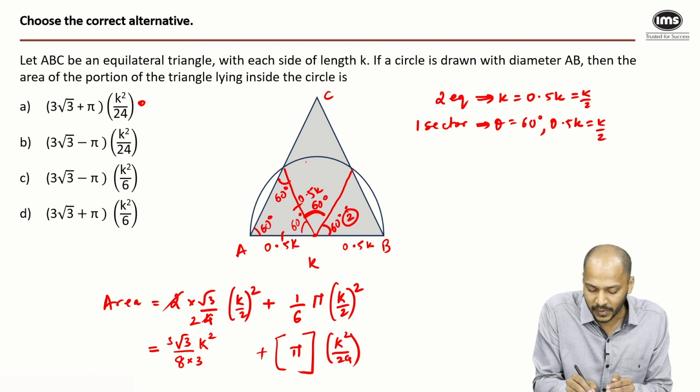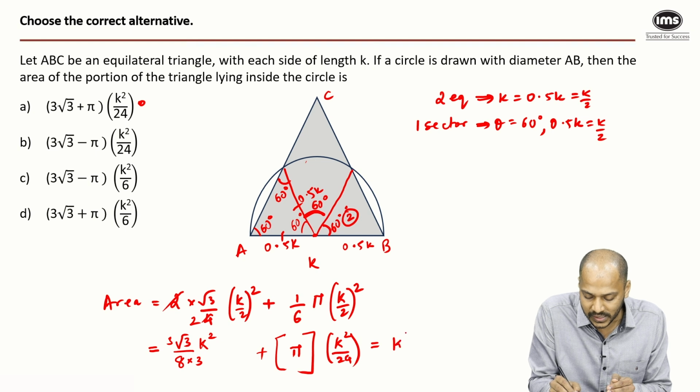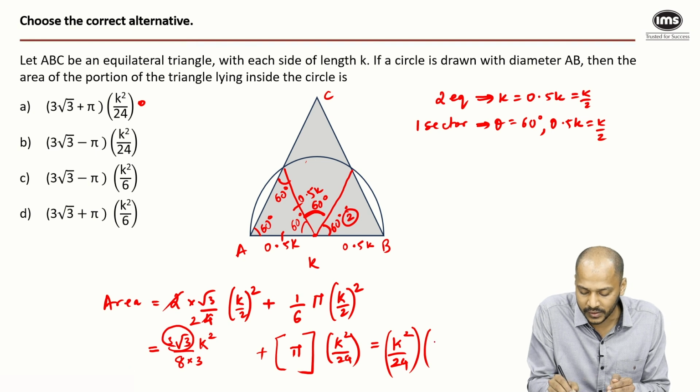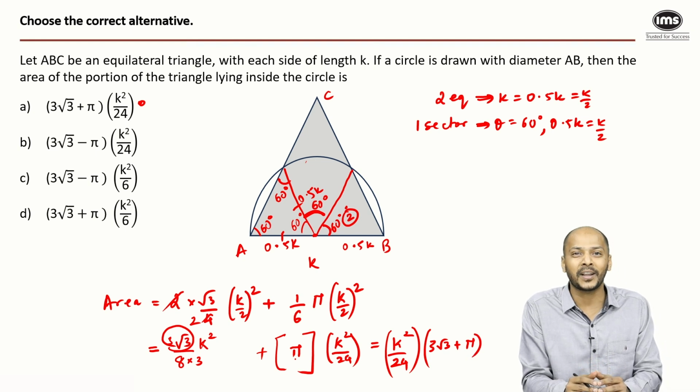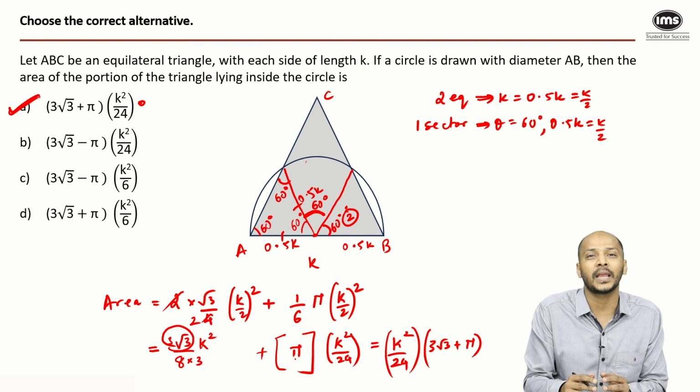And this part also becomes K square by 24. So if I take the K square by 24 out common from both the terms, from the first part I'll have 3 root 3 left, and from the second part I'll simply have a pi left. So 3 root 3 plus pi into K square by 24. Fairly easy and doable in the first go itself. My answer to this question is option A.